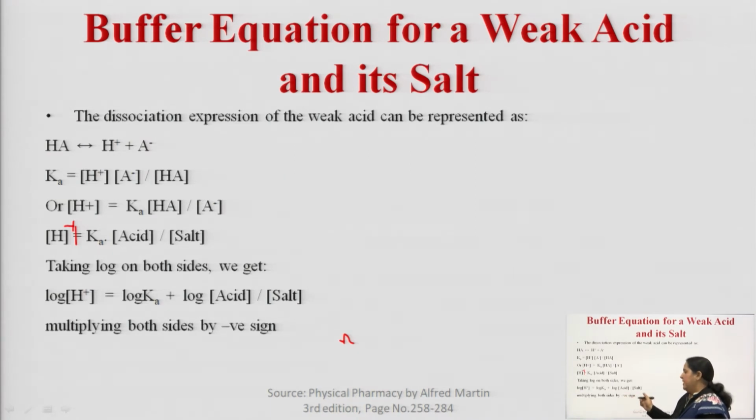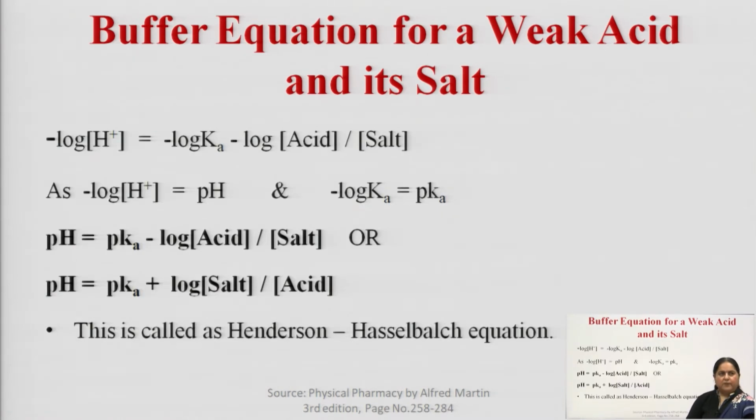Multiplying both sides by negative signs, because we want to derive an equation for the pH, and pH is minus log of hydrogen ion concentration. So, here we have an equation of log H plus ions, so we need to put minus here because we need the equation for pH, right.